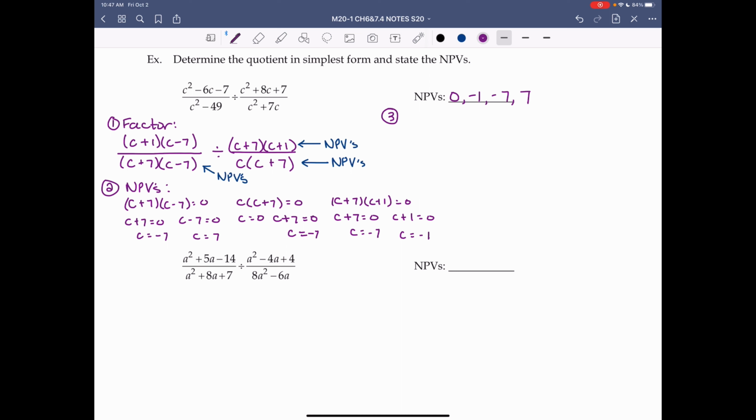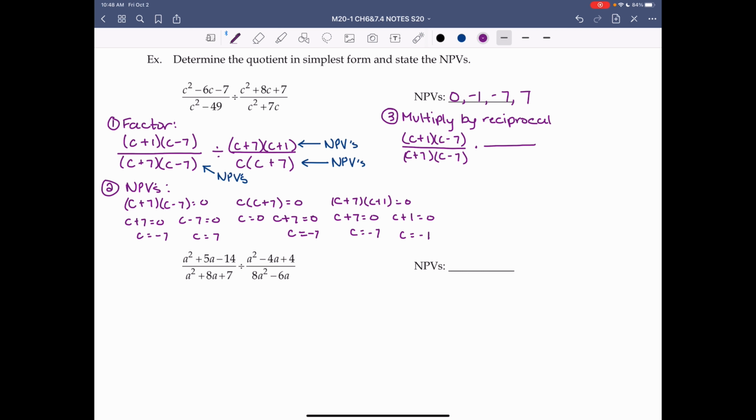Step 3 is to do our kiss and flip, so multiply by the reciprocal. We have c plus 1 times c minus 7 divided by c plus 7 times c minus 7.